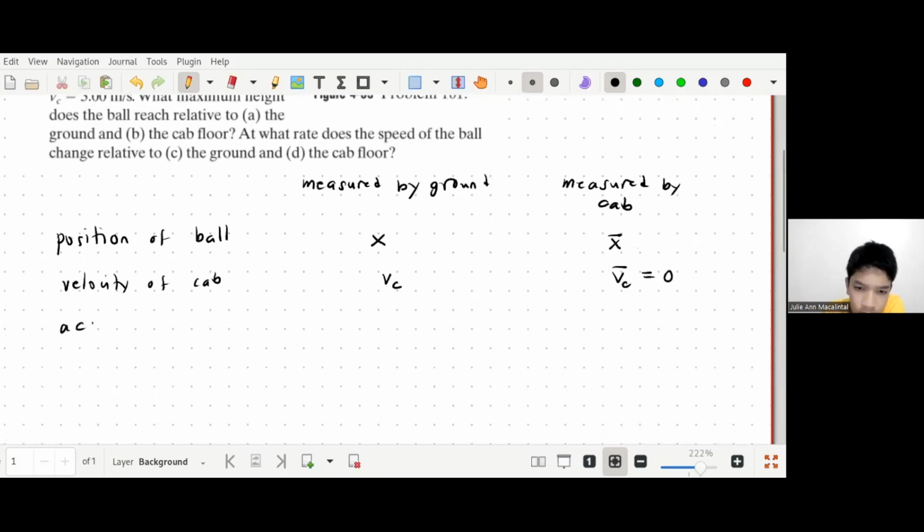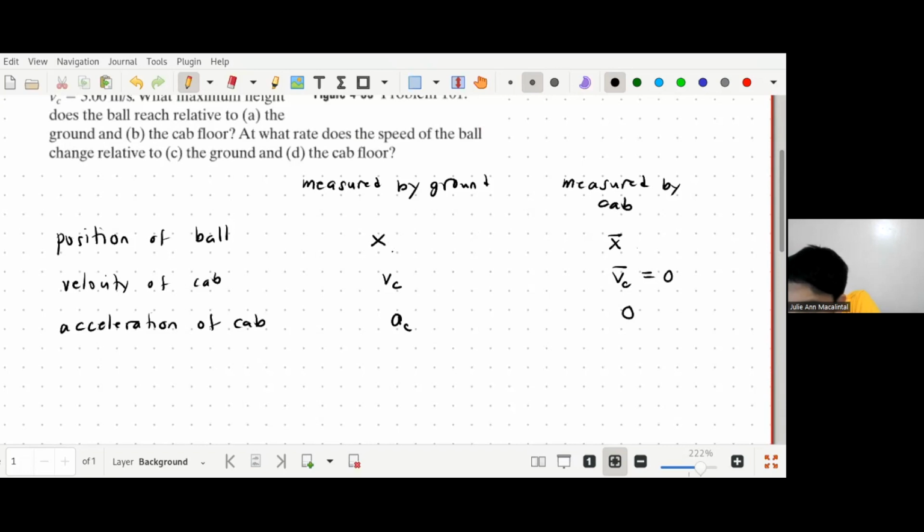Acceleration of the cab, ang masusukat na acceleration ng cab as measured by the ground is a. Ito, 0. Kasi as measured by the cab itself, it's not accelerating. And so on. Para yung symbols, pwede mo i-relate.